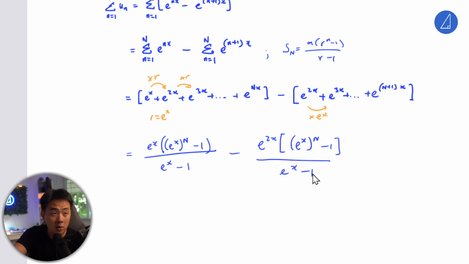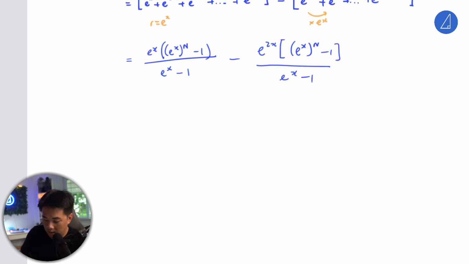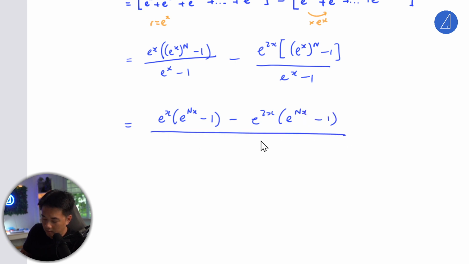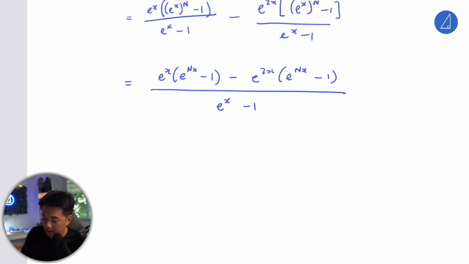We could combine them in a single fraction: e^x(e^(Nx) minus 1) minus e^(2x)(e^(Nx) minus 1), all over e^x minus 1. We can expand everything in. I don't think we need to simplify because it's not stated.